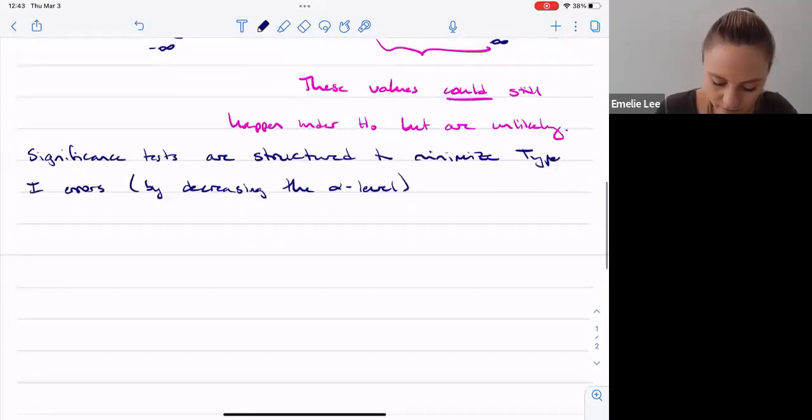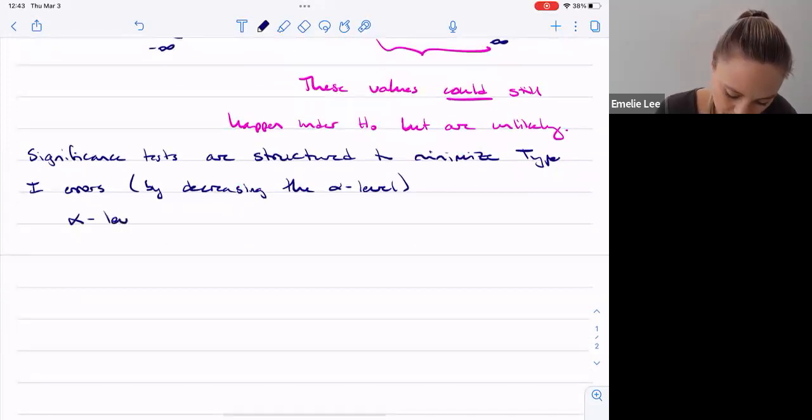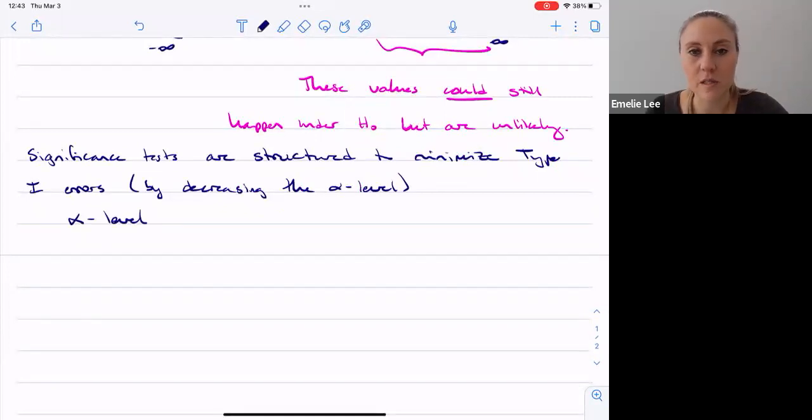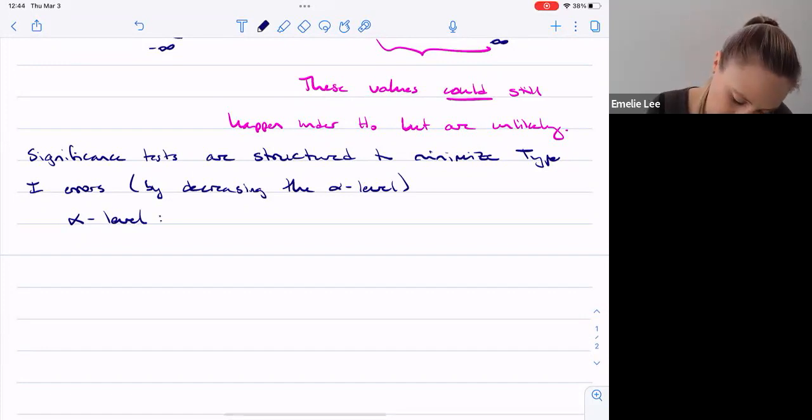So the alpha level is going to be the probability of making a type 1 error.